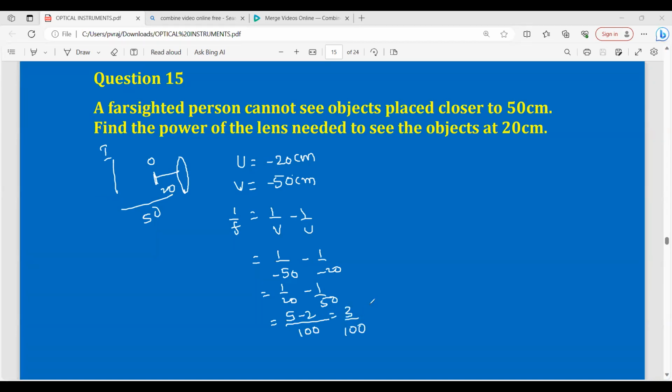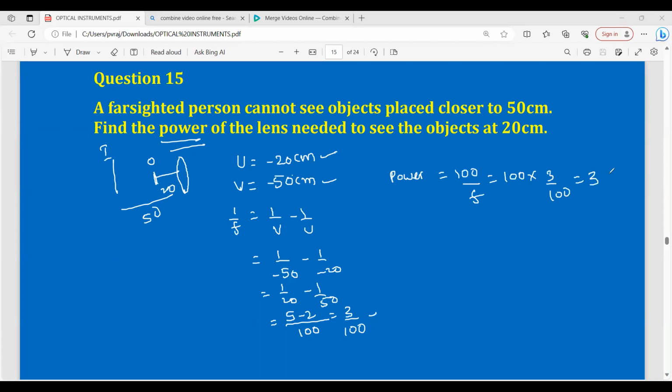Then focal length will be 100 by 3. But they're asking here power only, na? So power means 100 by focal length in diopters, if f is in centimeters. u and v are taken in centimeters, na? So whatever the answer you get, it is in centimeters only. So instead of 1 by f, directly you can write 3 by 100.